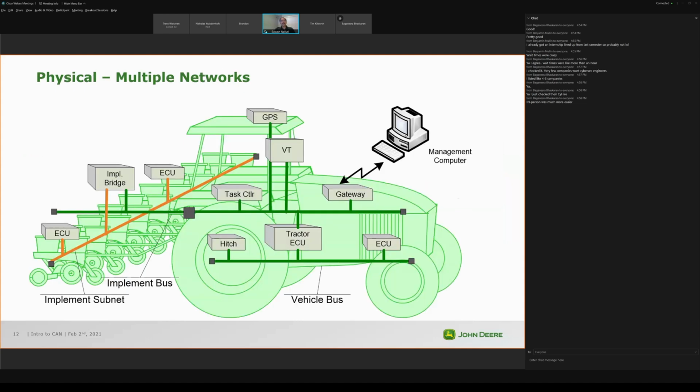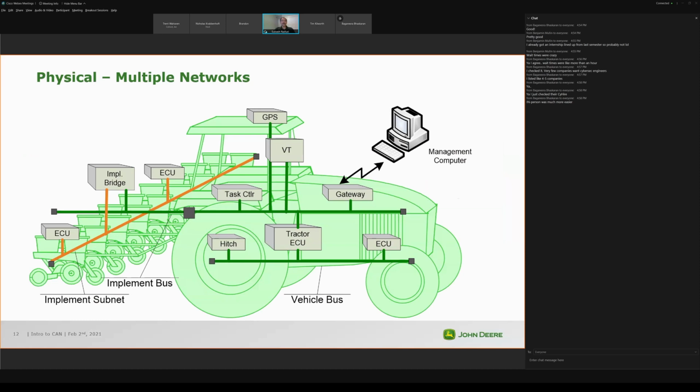And here's another view of the vehicle network all put together. This is just an example of it. So you have a vehicle bus and an implement bus, and you have a subnet, implement subnets, and you have controllers connected to them. This is very simplified. You have quite a few controllers.